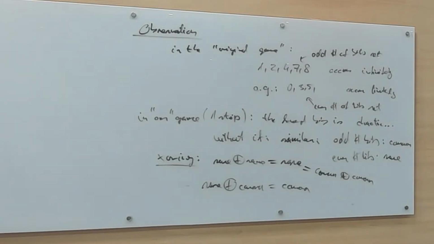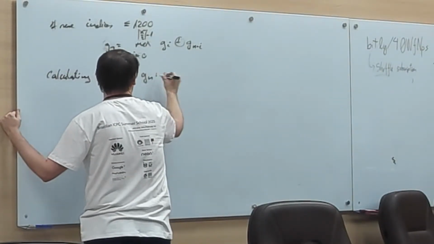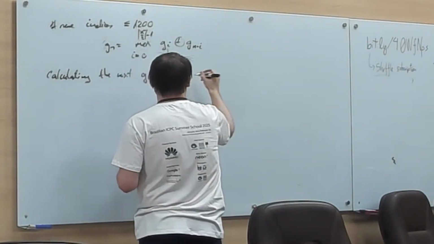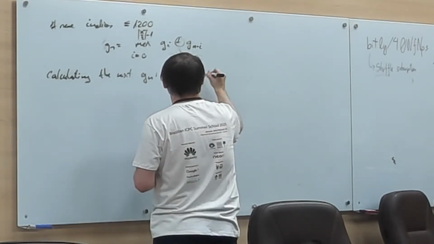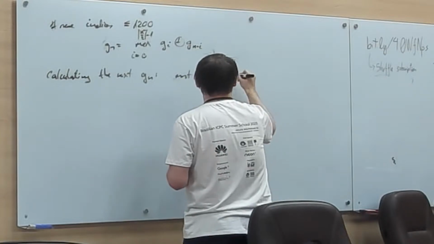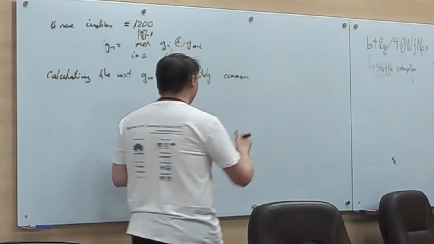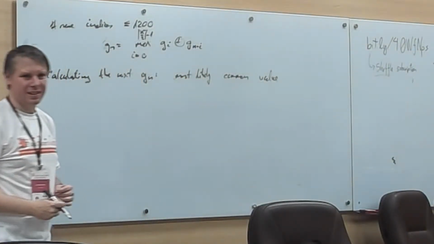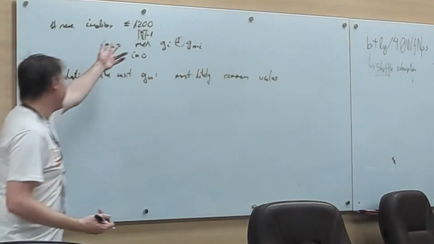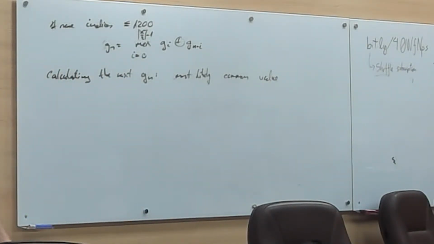So calculating a new value is most likely a common type of number. In some rare cases, at most this number of times, it will turn out to be rare.